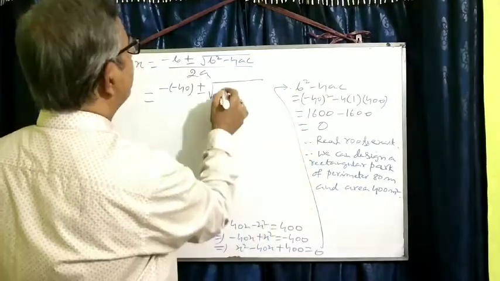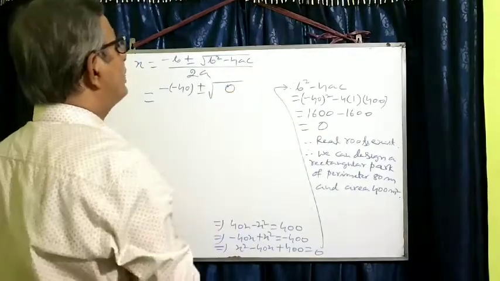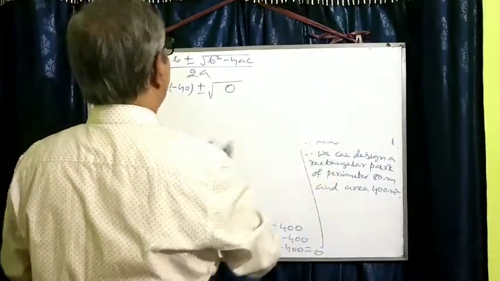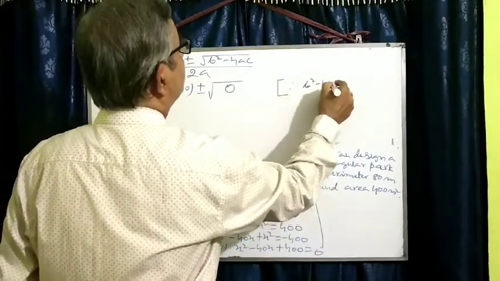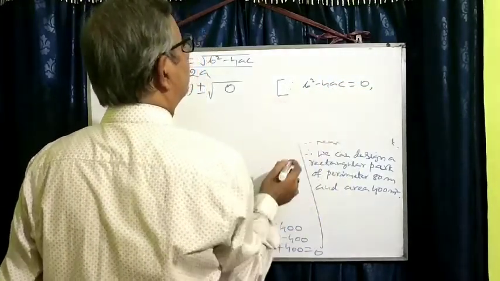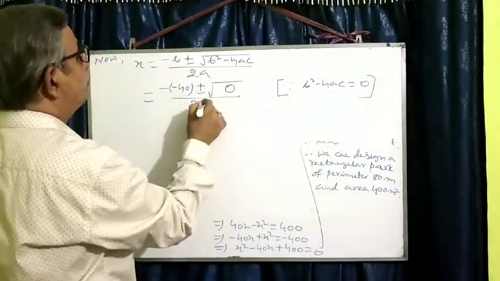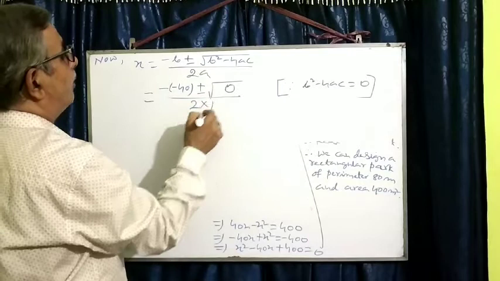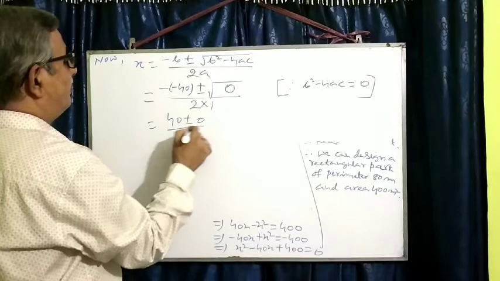Directly you can use 0, because already you know that b square minus 4ac is equal to 0. Now below, what you can write? 2 into 1, because coefficient of x square is 1.